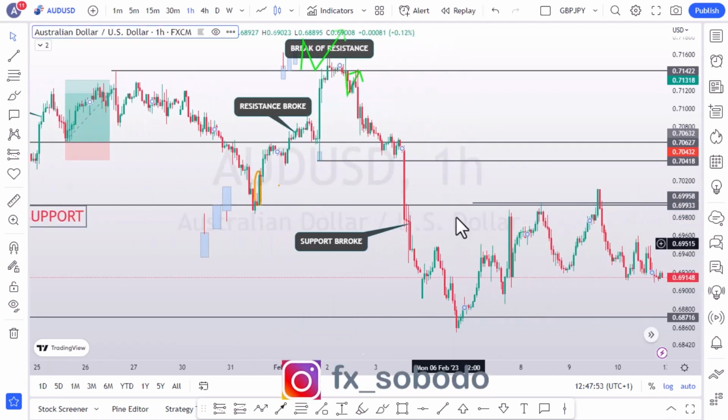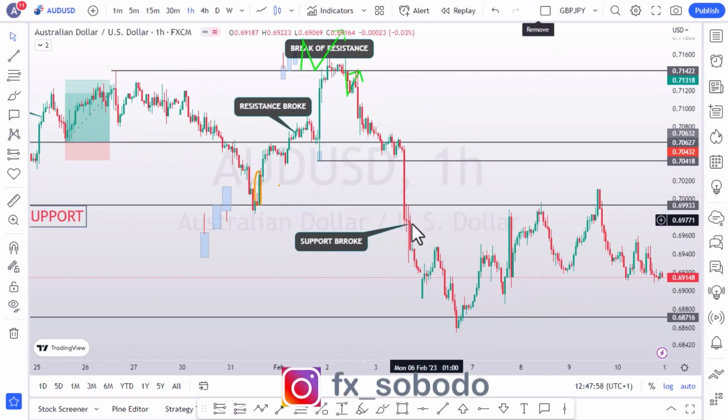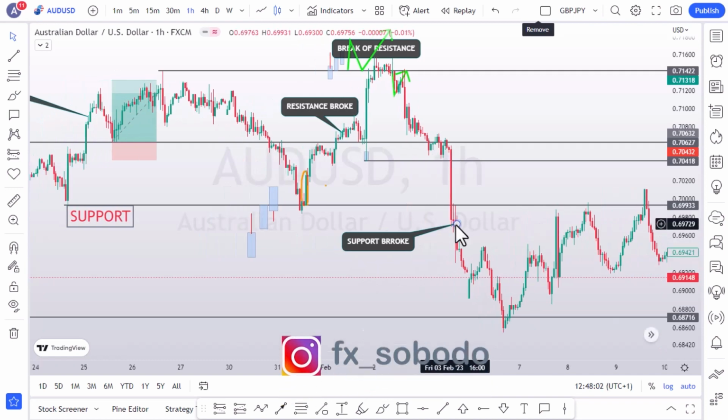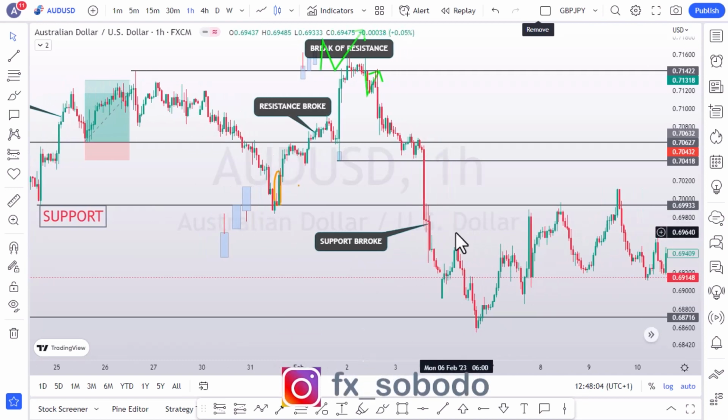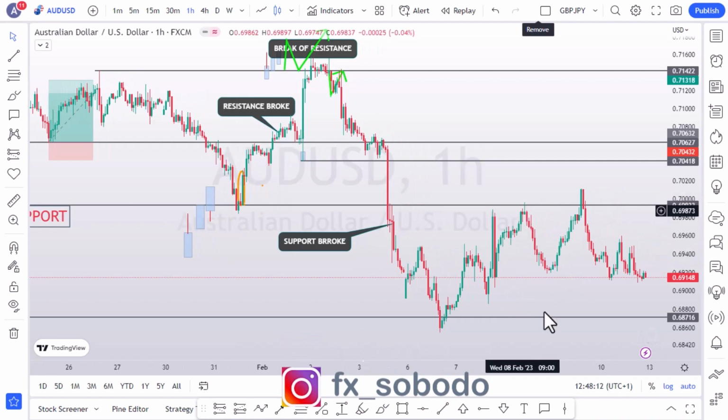Remember, support broke this level, and upon price coming back to that level, what happened? Do I need to say it louder? It then collapsed to the downside.